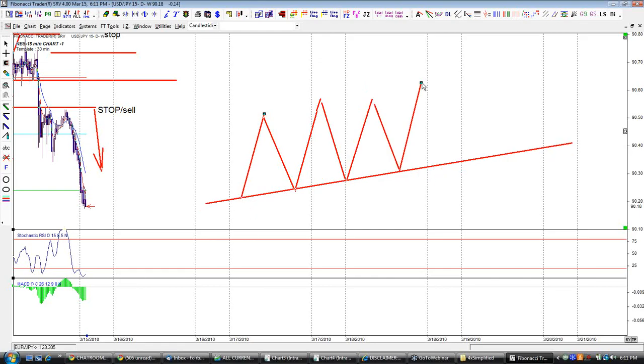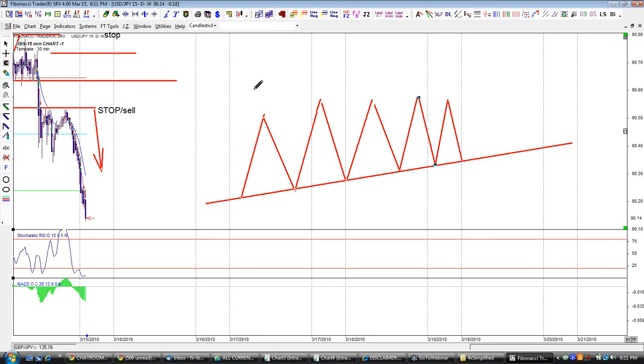Then at some point, we will continue making higher lows, but we actually won't be making higher highs. And those highs won't have too much of a difference. They will be very close.